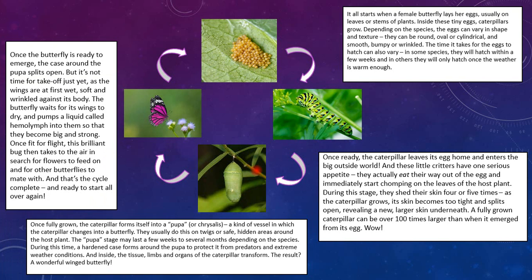Once fit for flight, these brilliant bugs then take to the air and search for flowers to feed on and for other butterflies to mate with. And that's the cycle complete and ready to start all over again.